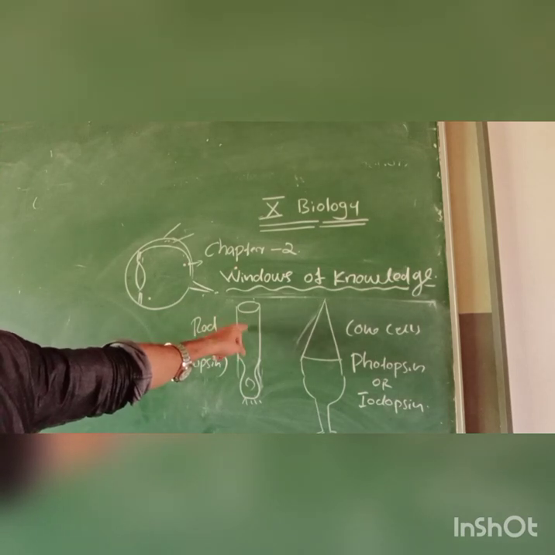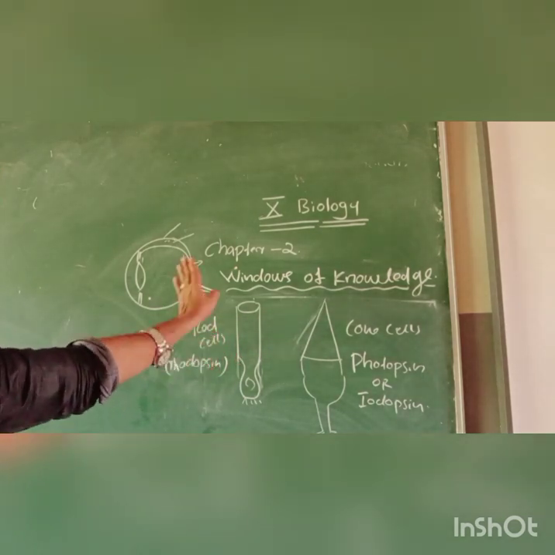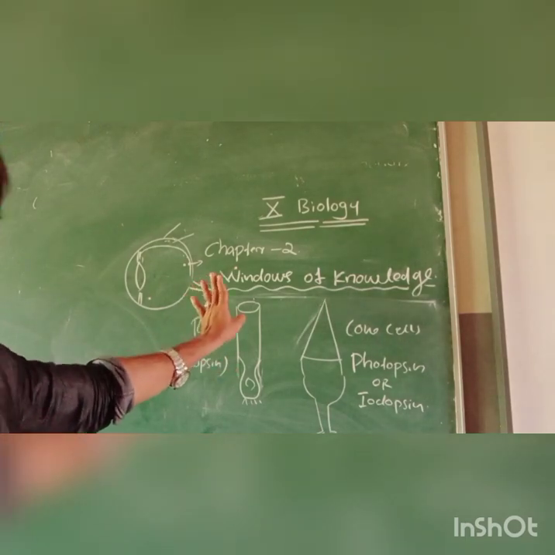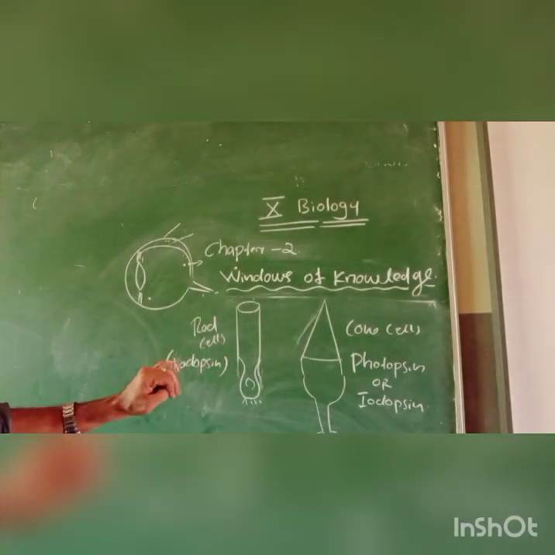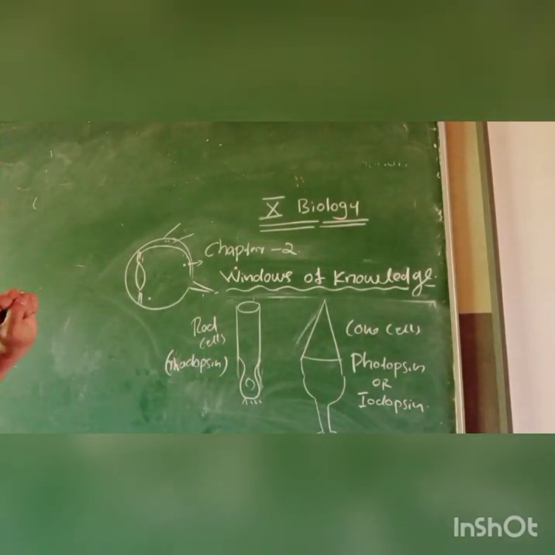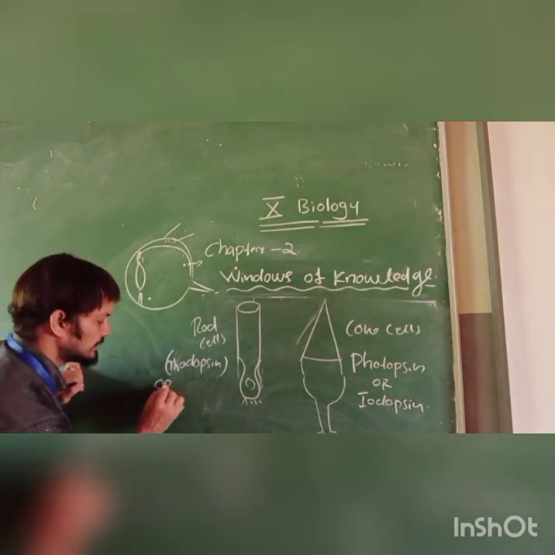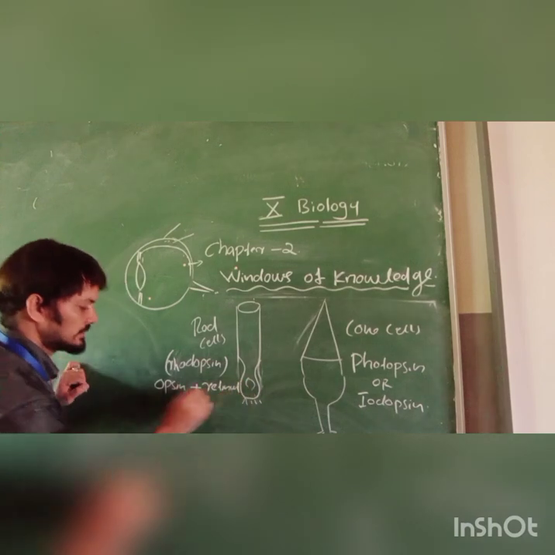This pigment is formed from proteins. What are the proteins? Opsin and retinal. How are they formed? With the help of vitamin A. Which ones? What are the two proteins? Opsin and retinal, opsin plus retinal.